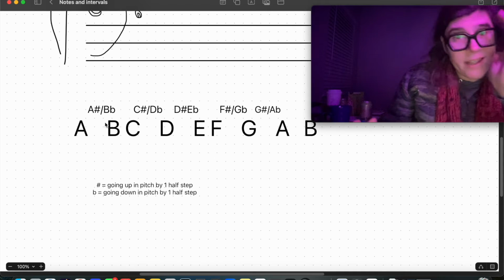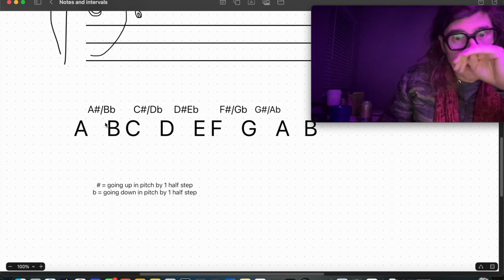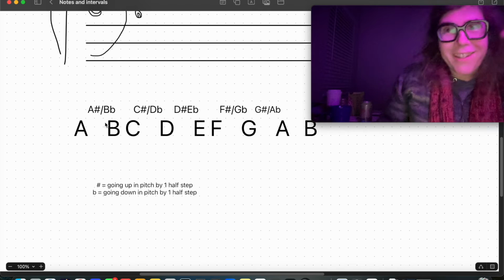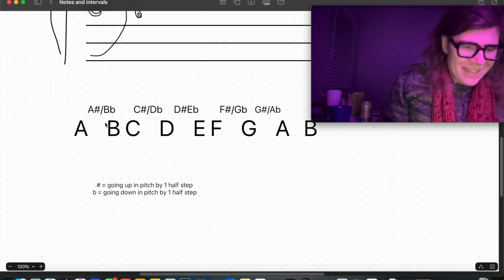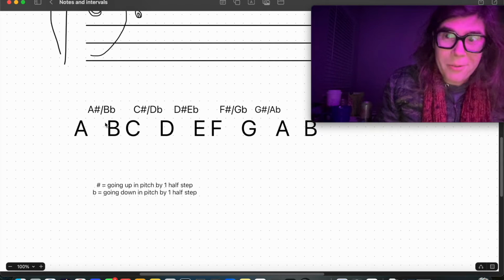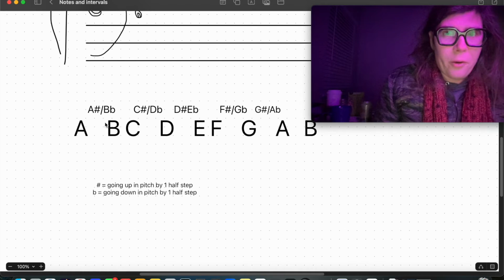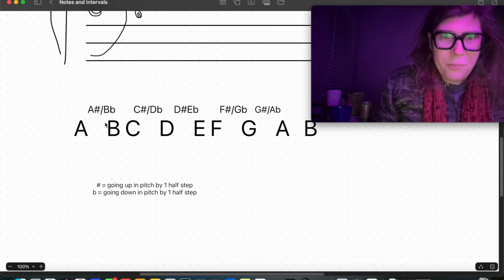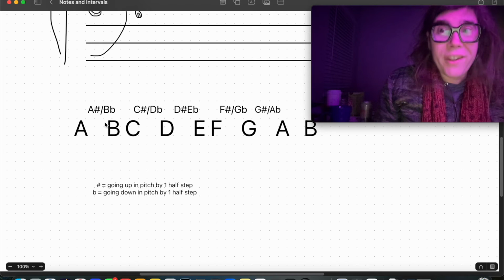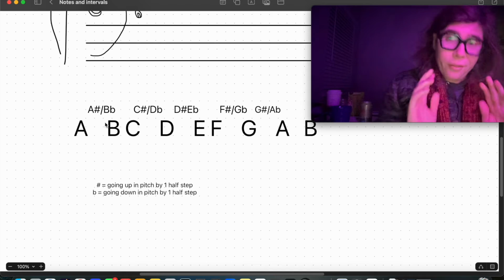That's it. Virtually everything that's part of the mainstay repertoire of Western music is composed of these 12 notes. Are there other pitches and relationships in the world? Absolutely. But these are the ones that we're going to be working with for now.